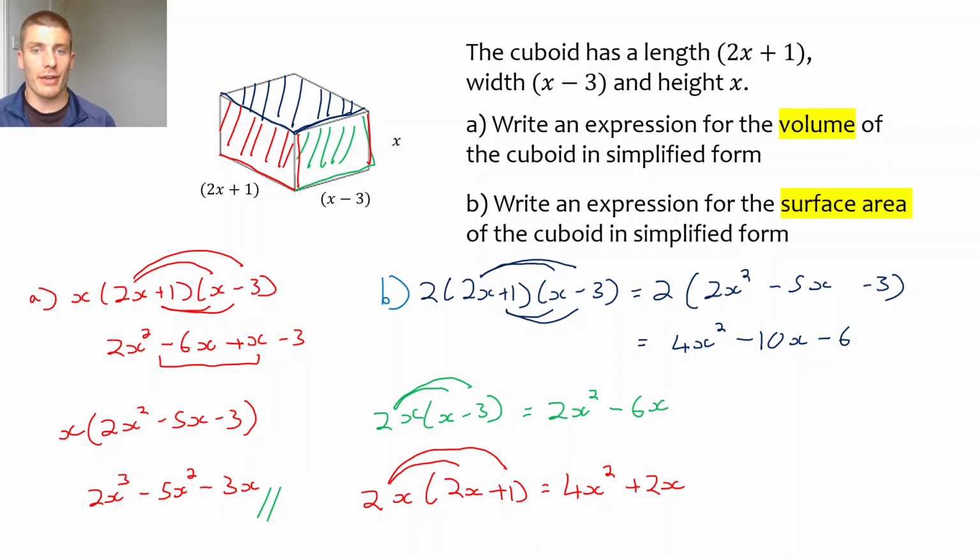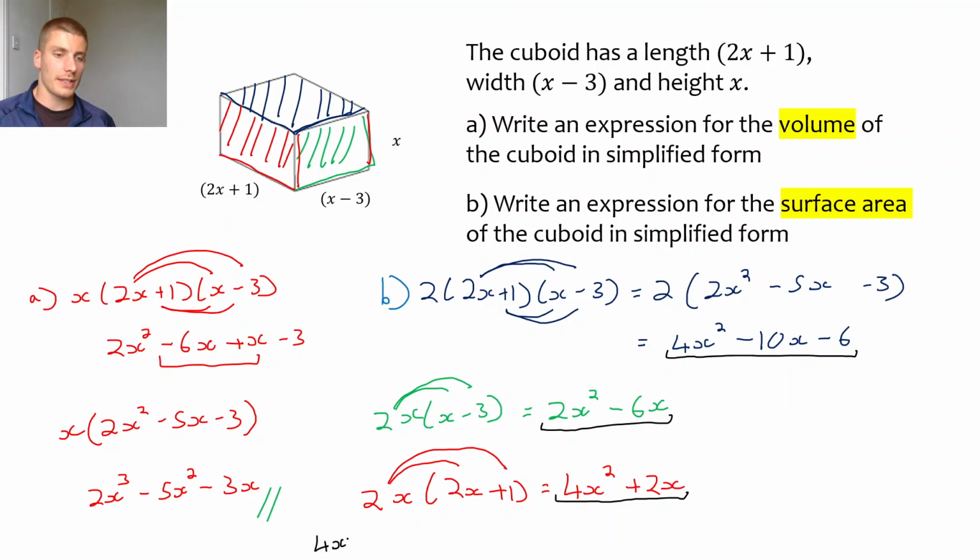Now for the total surface area, we've just got to collect up the like terms. So really what I'm going to do is take this part, add it to this part, add it to this part, and then simplify where possible. So the total surface area is going to be 4x squared minus 10x minus 6, and we're now adding on 2x squared minus 6x, and adding on 4x squared plus 2x.